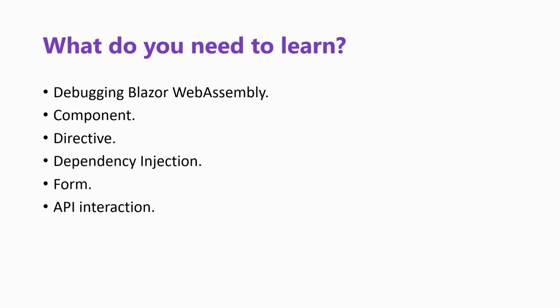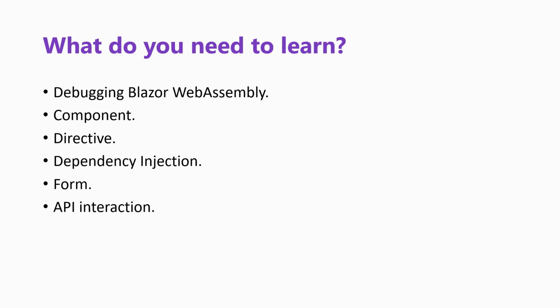The fourth thing is dependency injection. You will use dependency injection in Blazor WebAssembly a lot. Yes, just like debugging, you will use it a lot. And the next thing is form.